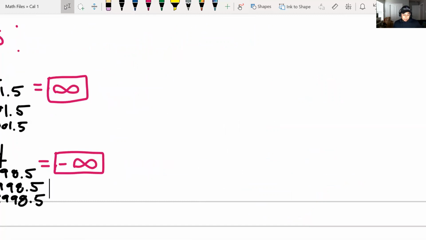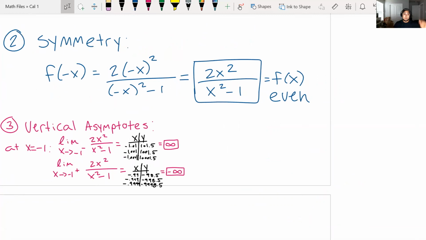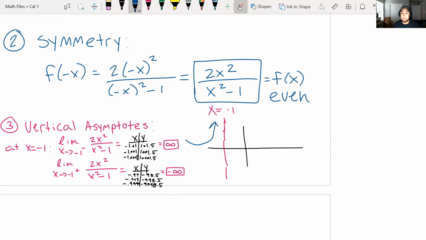So what this means is, let me draw a graph real fast to represent this. So here it is. When x is at -1, as we approach -1 from the left, one tail is headed towards infinity. As you approach -1 from the right, one tail is headed towards -infinity.